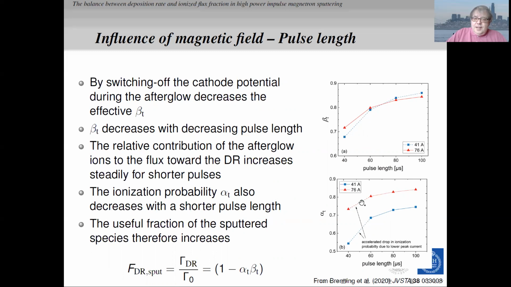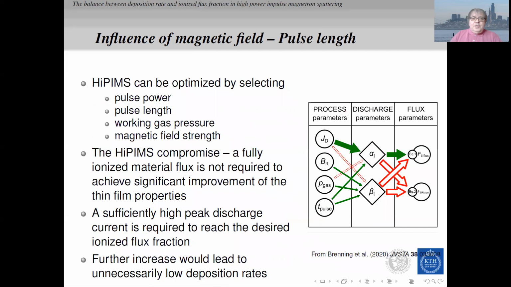But we also see that alpha decreases with pulse length. So recall that the deposition rate scales as 1 minus alpha times beta, and by shortening the pulses, we can lower both, so we increase the deposition rate. So this is the reason why shorter pulses give higher deposition rate.